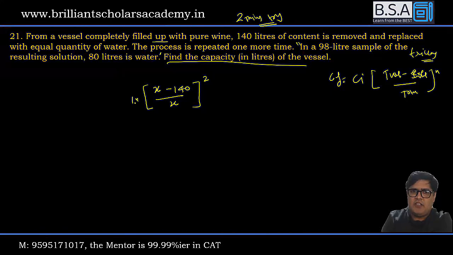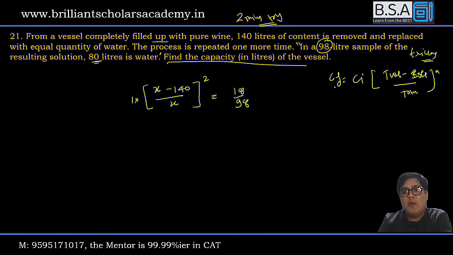So concentration is 1. In a 98 liter sample, there was 80 liters water. If water is 80 liters, wine should be 18 liters. So concentration of wine is 18 by 98. हमेशा क्या इक्वेट करना है? Concentration और percentage.